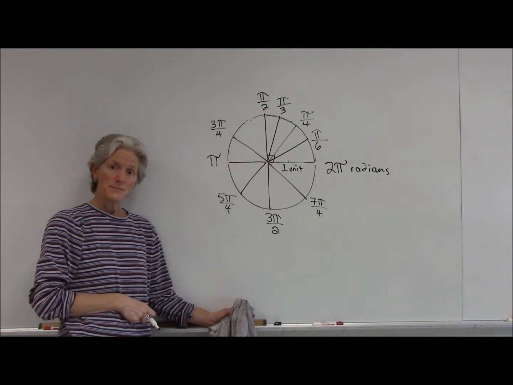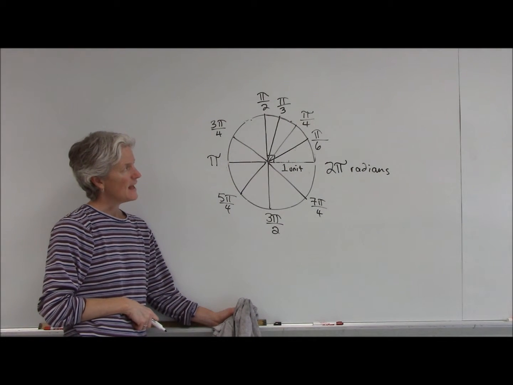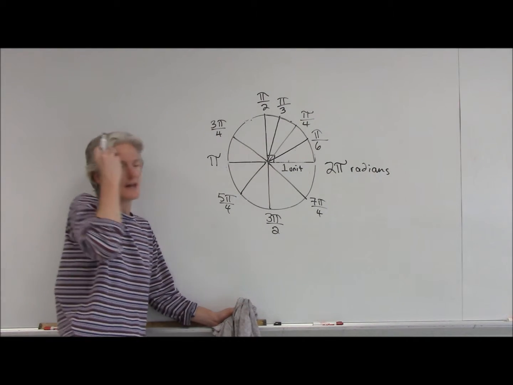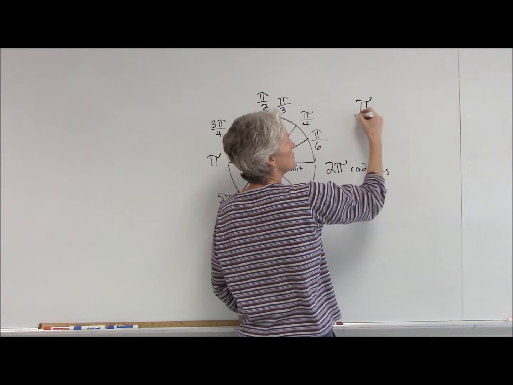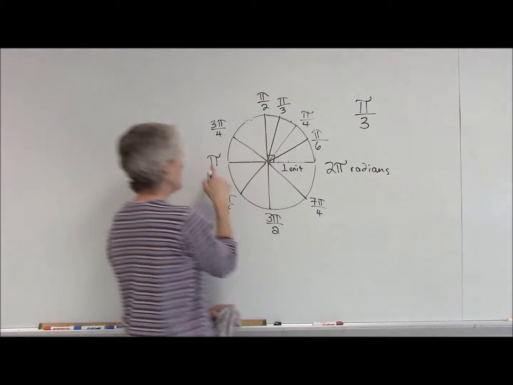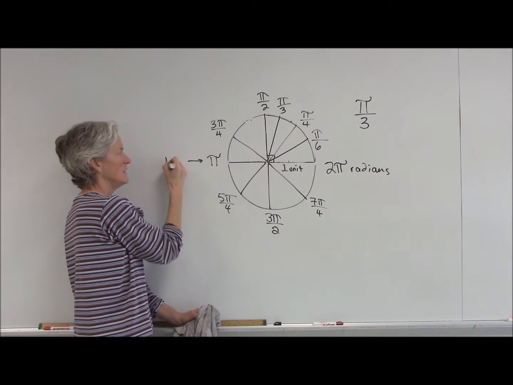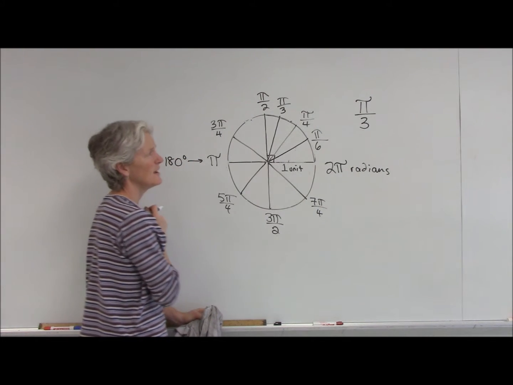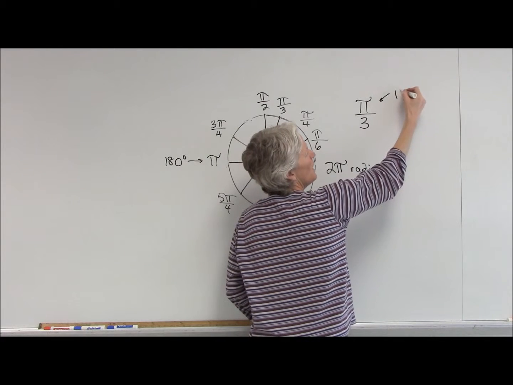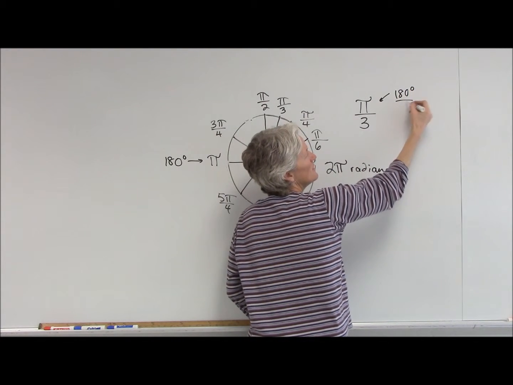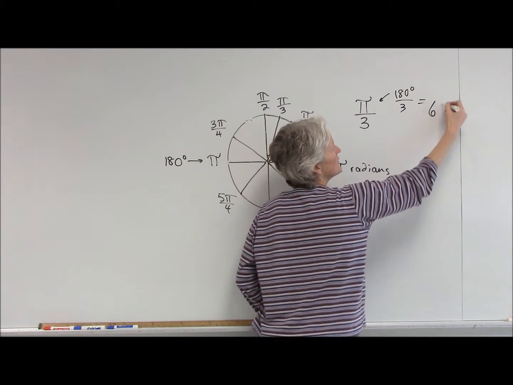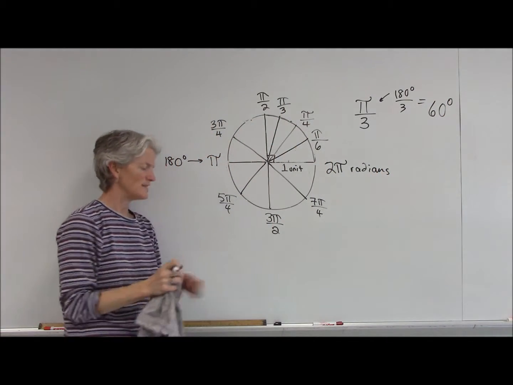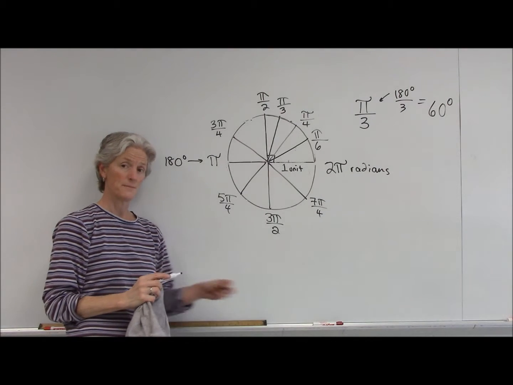If you forget pi over 3, what's that in degree land? You can always think, pi is halfway around the circle. In degree land, that's 180 degrees. So 180 degrees divided by 3 is 60 degrees. So pi over 3 is the same as 60 degrees. It's really easy to convert back and forth.